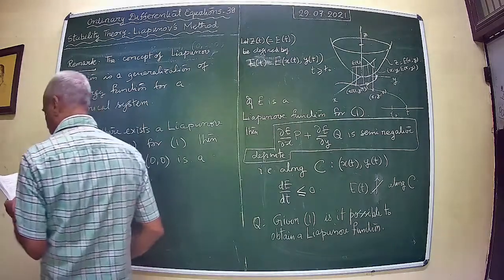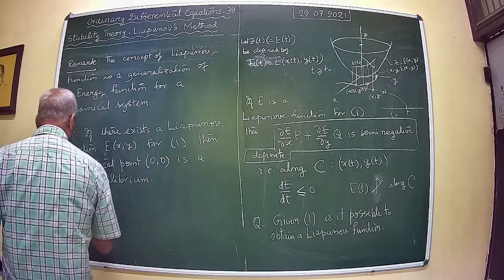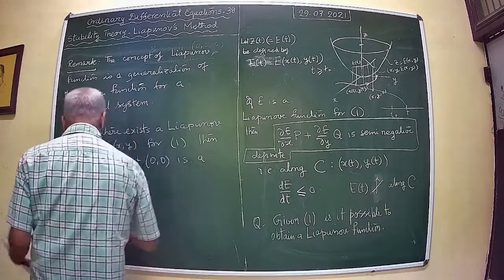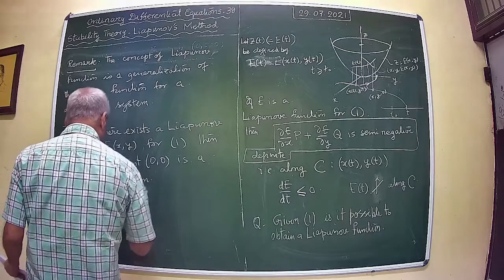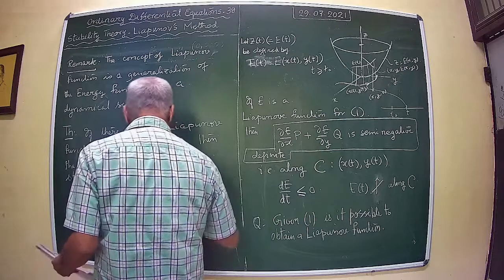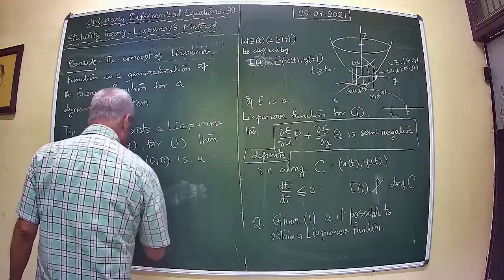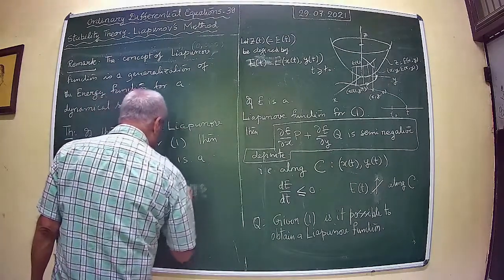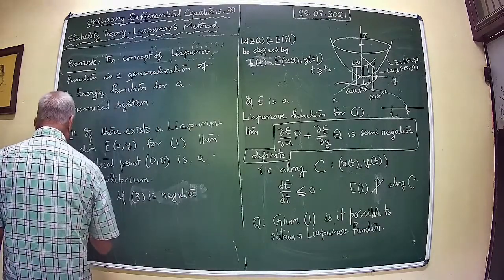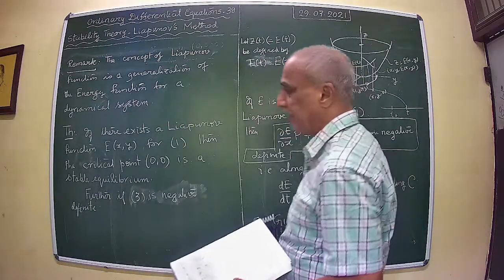Now, if additionally, further, 3 is negative definite, we were talking about negative semi-definite.